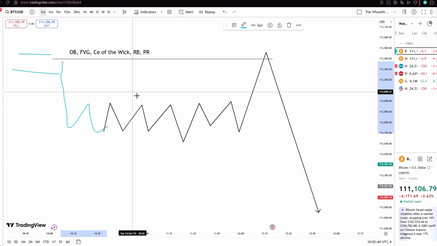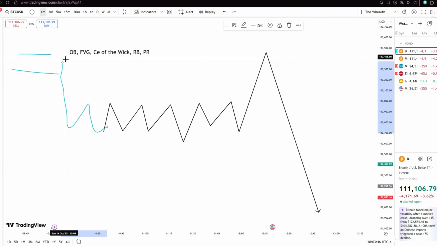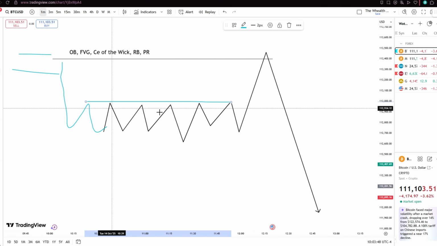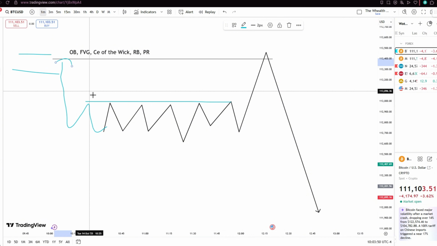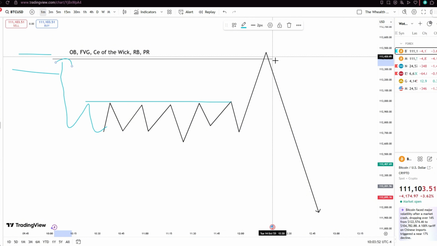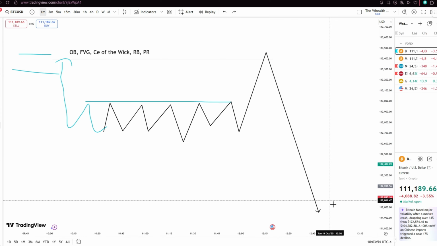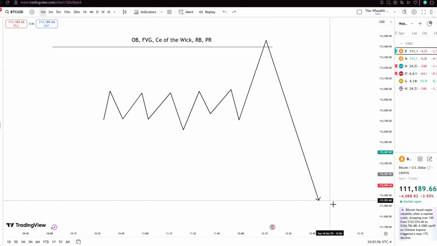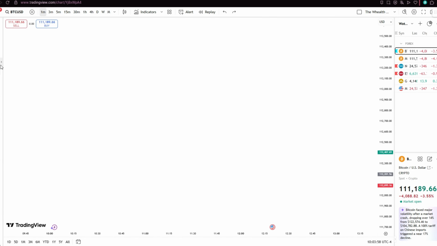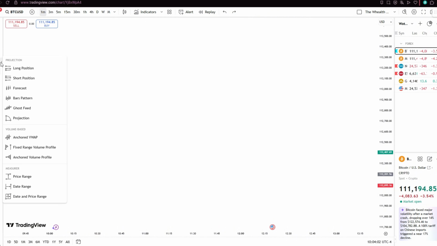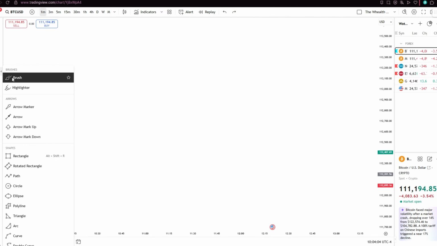That's the setup. With a high and this fair value gap here, we take out these highs, this high perfectly, and then we dump. Obviously it's the same the opposite way. I'm not going to draw it out again. I guess it's pretty clear.